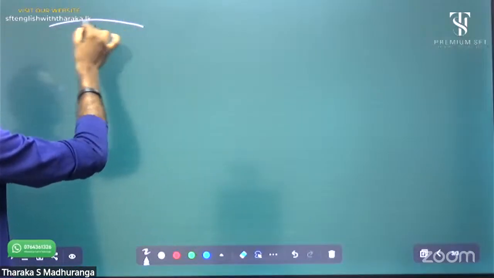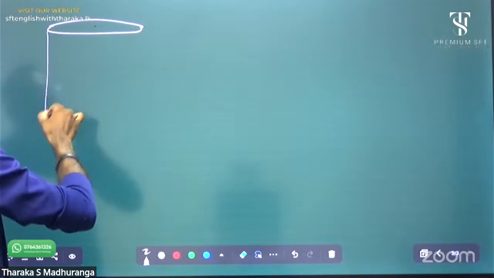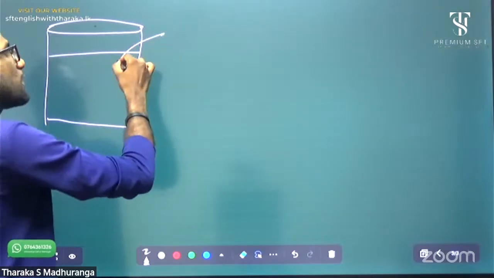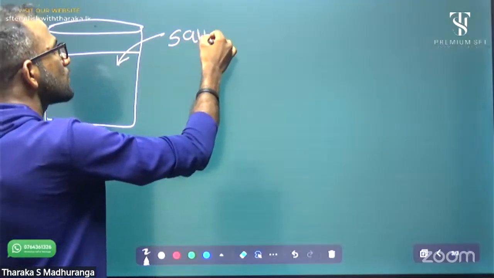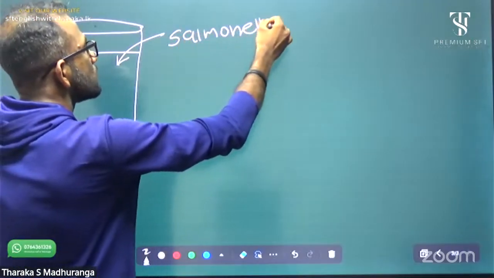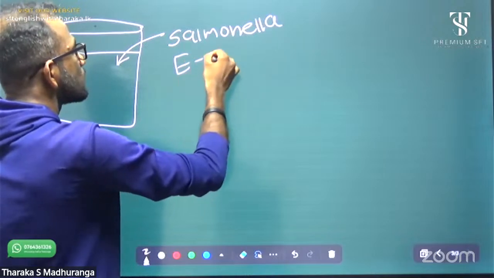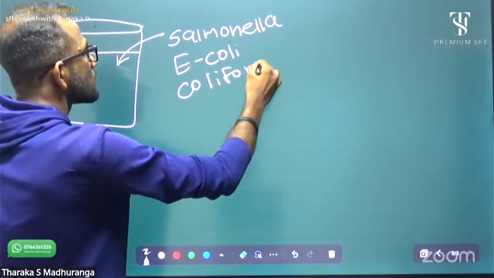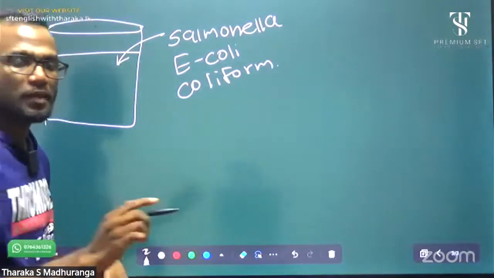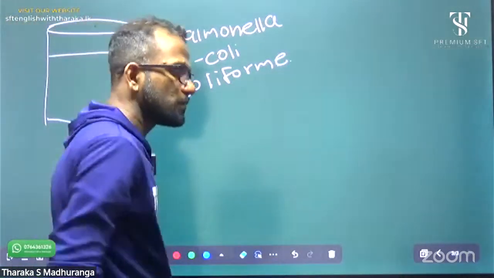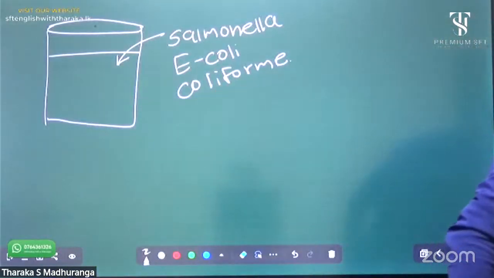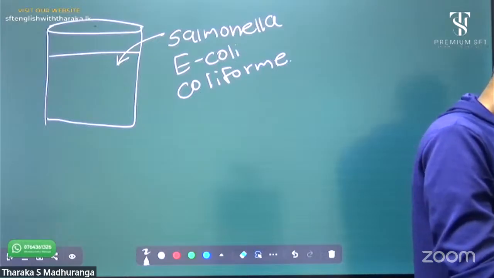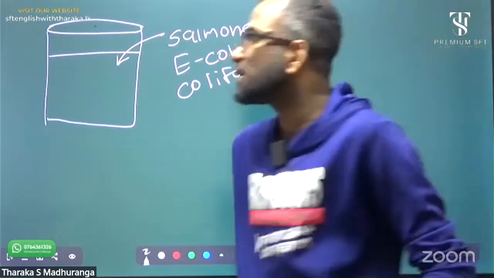But after that, it still contains some hazardous microorganisms. Hazardous microorganisms means Salmonella, E. coli, coliform. They are the hazardous microorganism types. These hazardous microorganisms we can destroy by using a chemical.